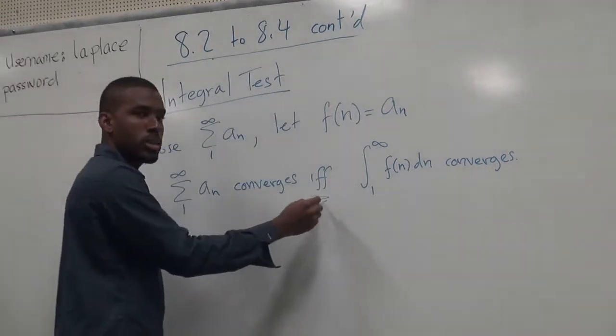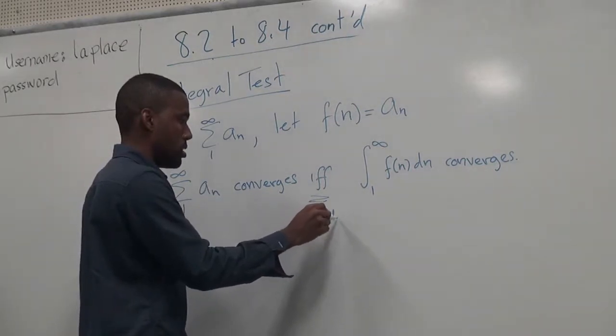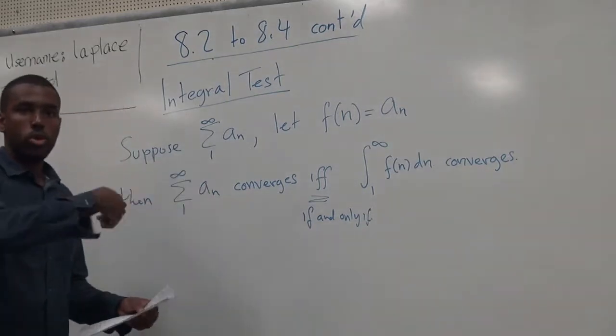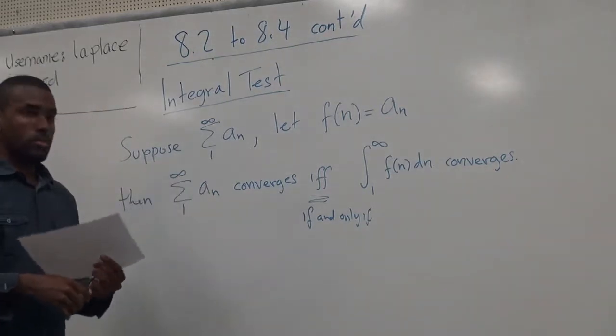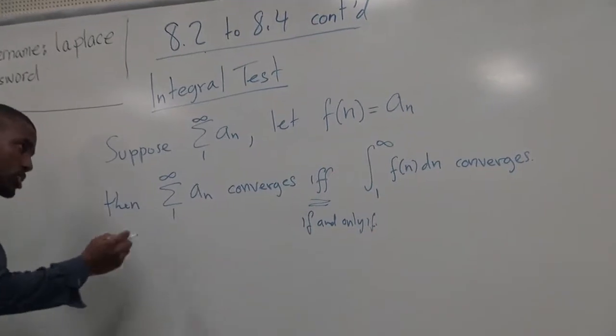That's not a typo, by the way. That was intentional. That means it works in both directions. So if you know one converges, you know about the other one automatically. But there's a restriction on this.